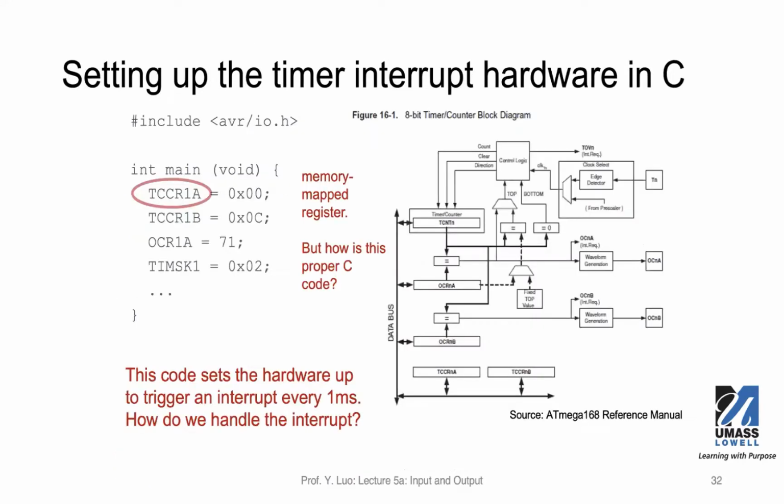So if next we tell the microprocessor the particular interrupt service routine associated with this interrupt, then we're all set. Then we will achieve our goal of using that timer to do something every millisecond.